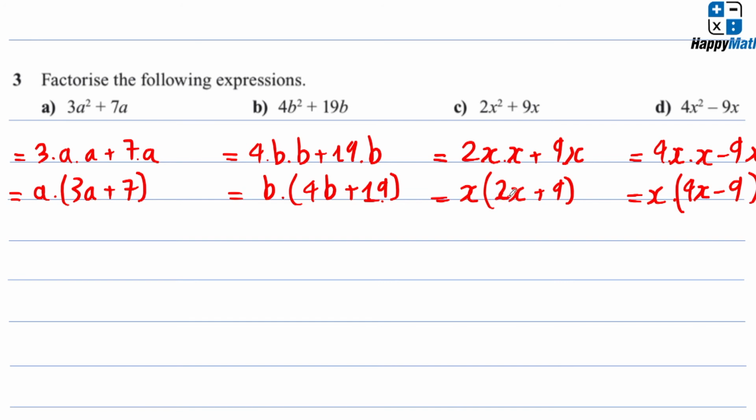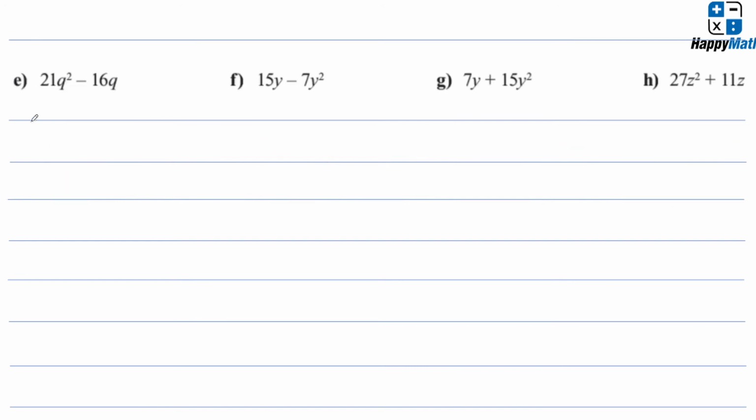We done. Yeah, the first four of question 3, not too difficult. Question E. I got here 21q minus 16q. I take q outside, and 21 is left and minus 16 is left.